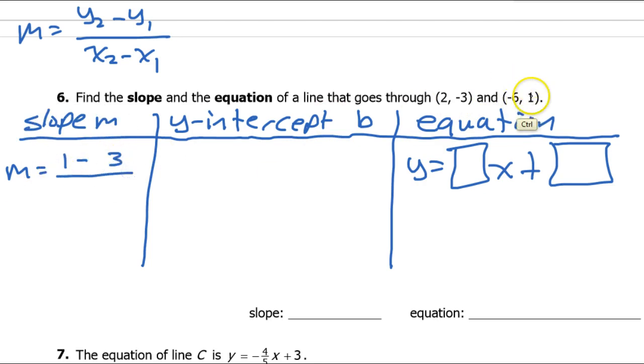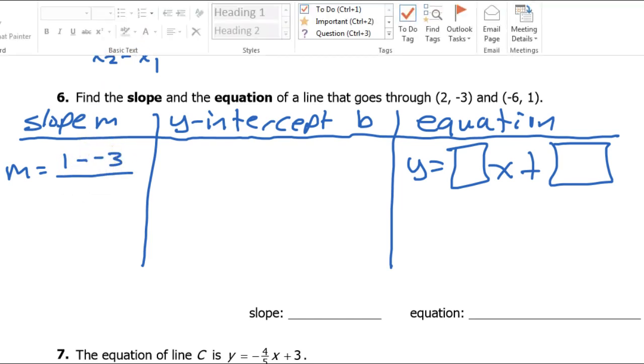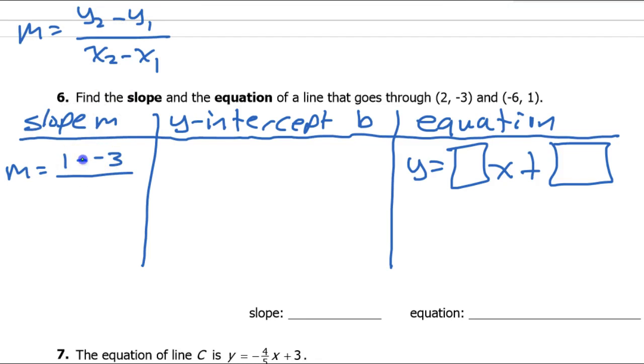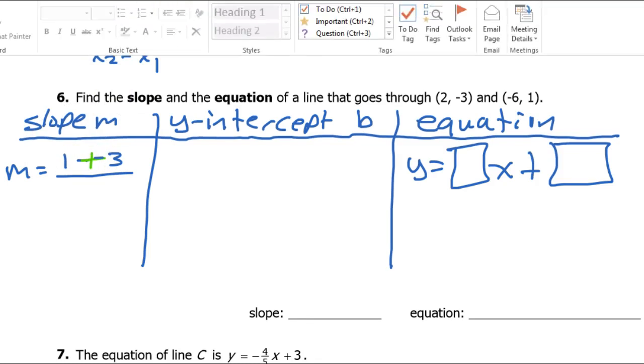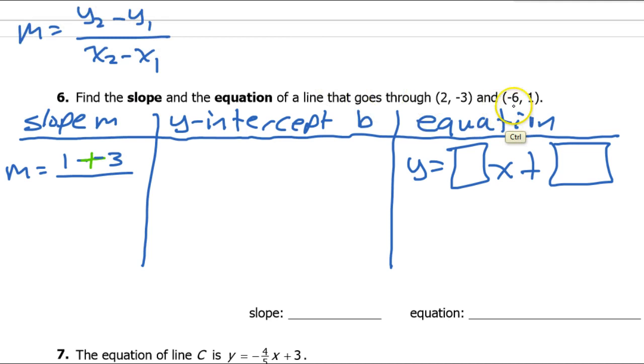But it's not. It's 1 minus -3. All right, that's a -3. Okay? And Owen, when I have a double negative like that, what do I have to do? Make it a positive. So this is really going to be 1 plus 3. So don't just put 1 minus 3, that's a common mistake.